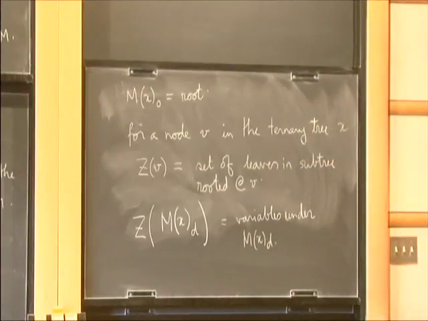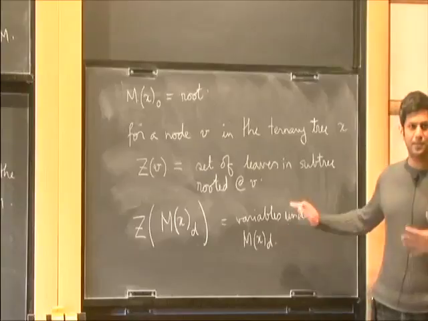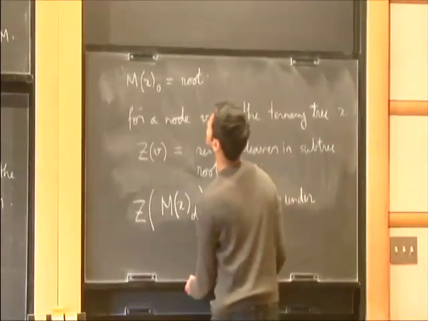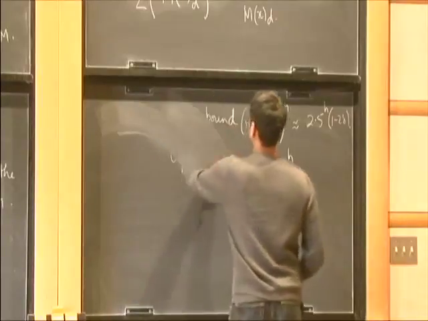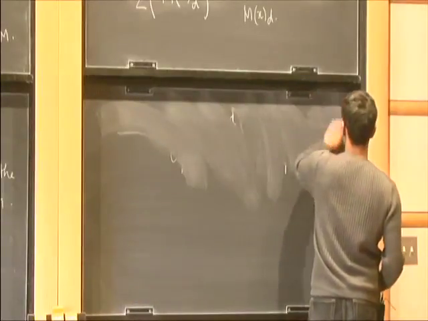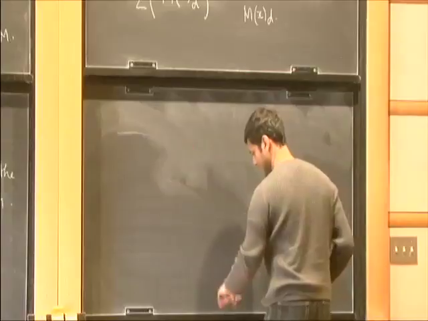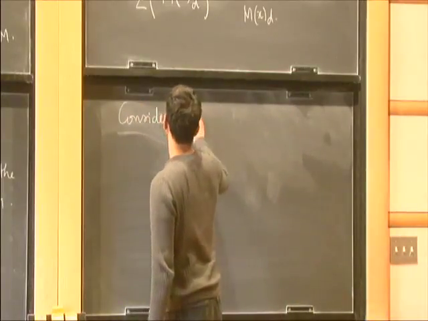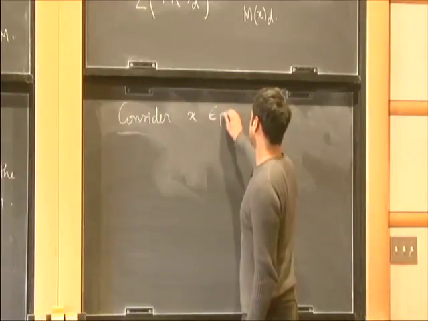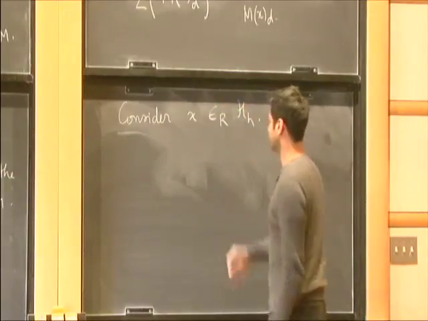Oh, no, sorry. So these are the variables that we'll be looking at. Let me define these quantities now. Consider an x that has been drawn from this distribution over hard instances.